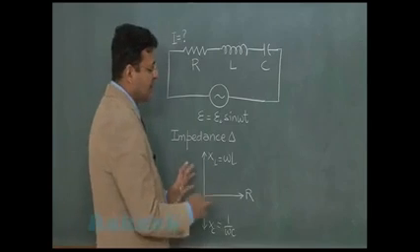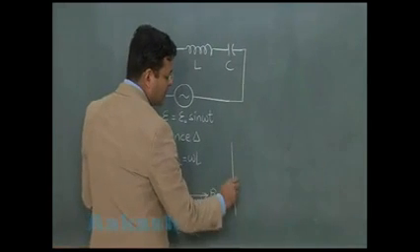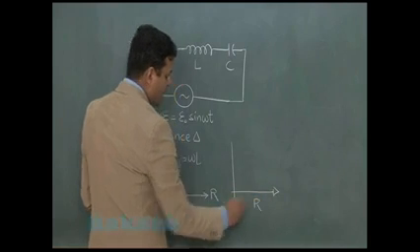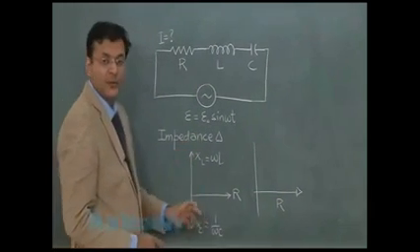That means अगर हम इसका एक इक्विवेलेंट बनाएं, then essentially you are having just a value of resistance R and this omega L, 1 by omega C together.